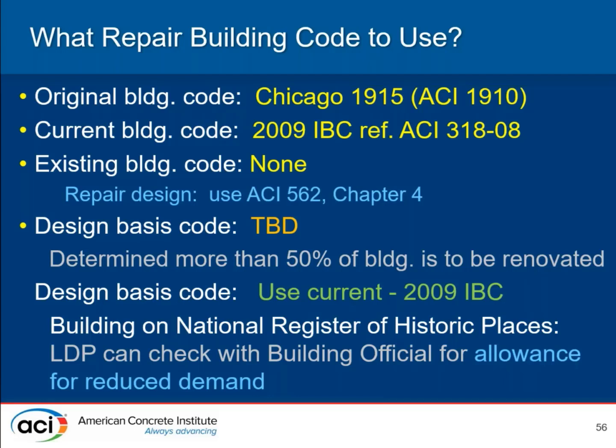Hopefully you're recognizing that if there's no specified international existing building code, then you're using Chapter 4 of ACI 562 and the different classifications of damage there to determine the design basis code to use.